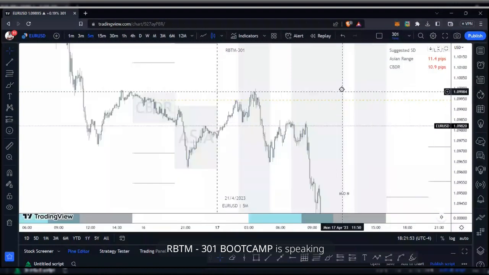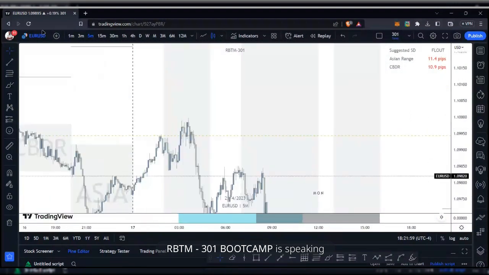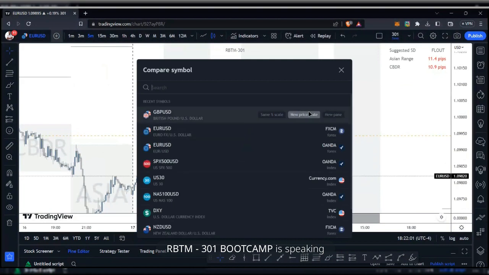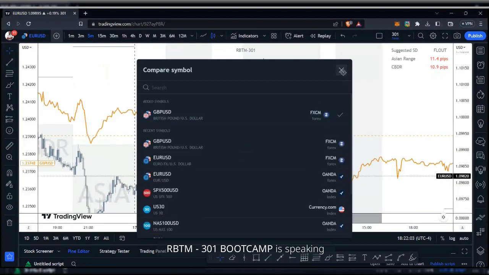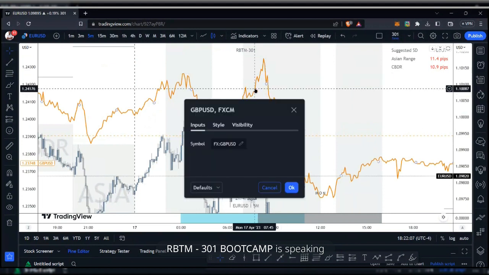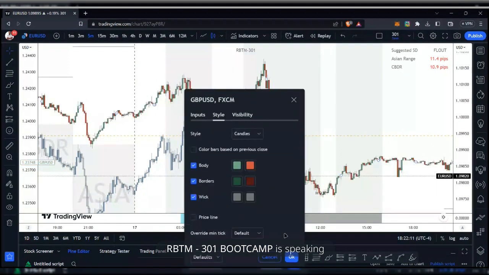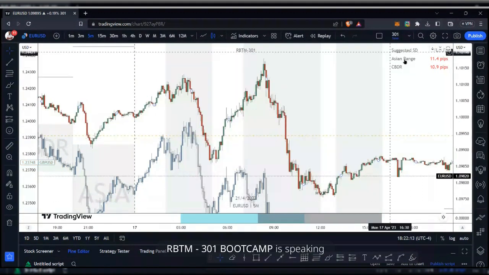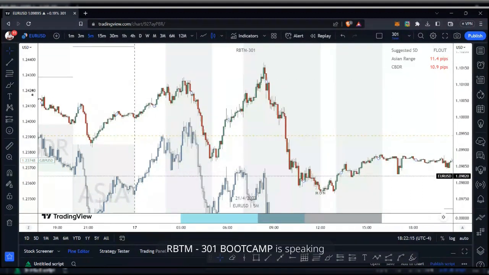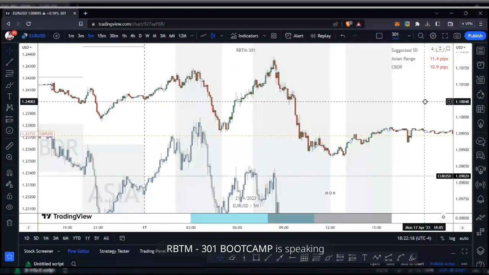That is the time that I'm looking for the SMT. So I'm going to be overlaying GU with this now, putting this on candles. GU is the one above, EU is the one below. And the fact that it's even red on this thing, I don't like it.